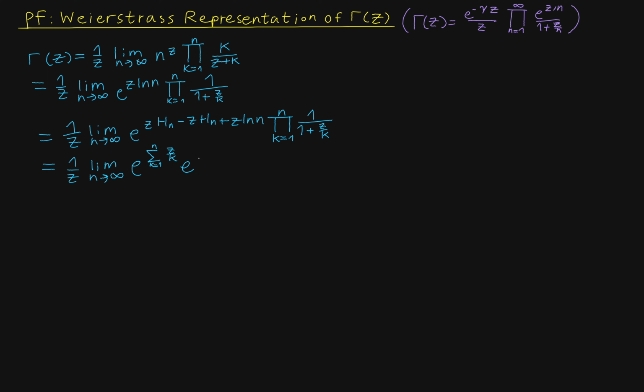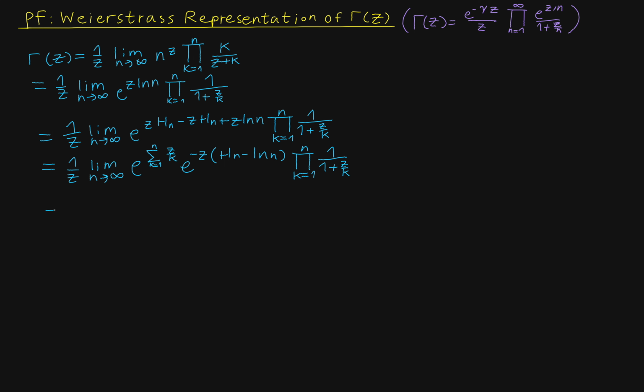And then again, due to the properties of exponentials, now we're going to have e to the minus z, and then times H of n minus ln n, which is what we are kind of looking to get from this. And then we have the product, k is equal from 1 to n of 1 over 1 plus z over k.